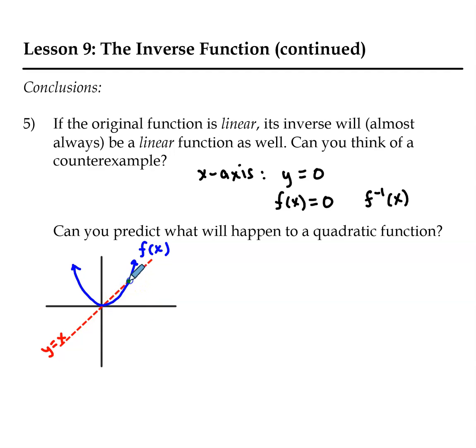The coordinate remains the same along the y equals x line, and I know that my position is the inverse or the reverse of my coordinates a and b. So I can map out approximately my new parabola. And let's label it f inverse at x.